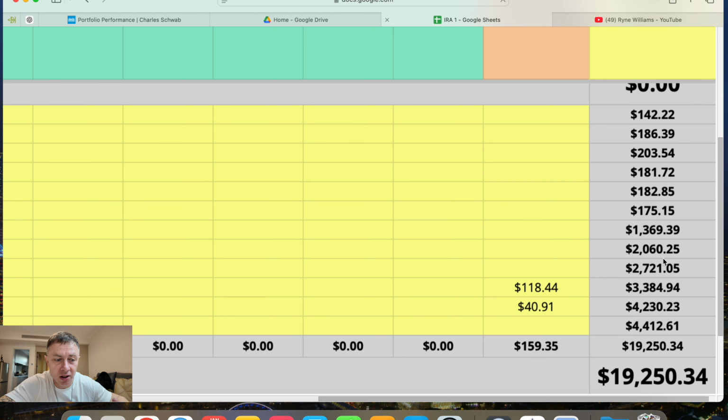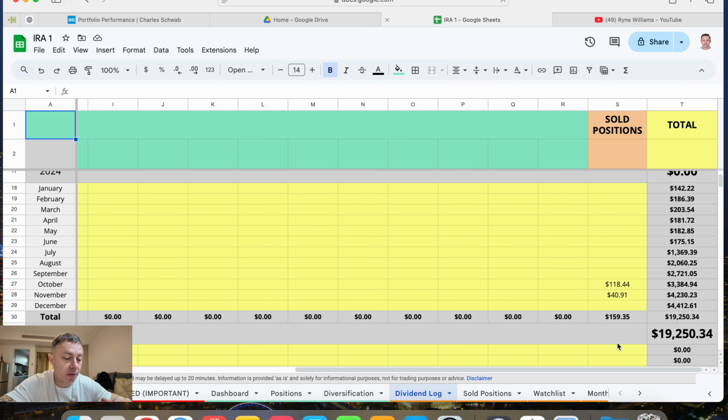You can see drastically increasing here. And then month 9 2721, 10 3311, 11 4211, and 12 4412. So in total, $19,250 for the year in this portfolio. So not too shabby, not too bad, $19,000.